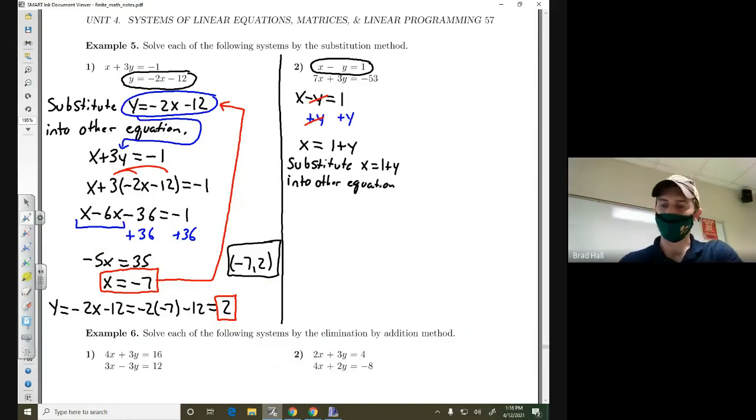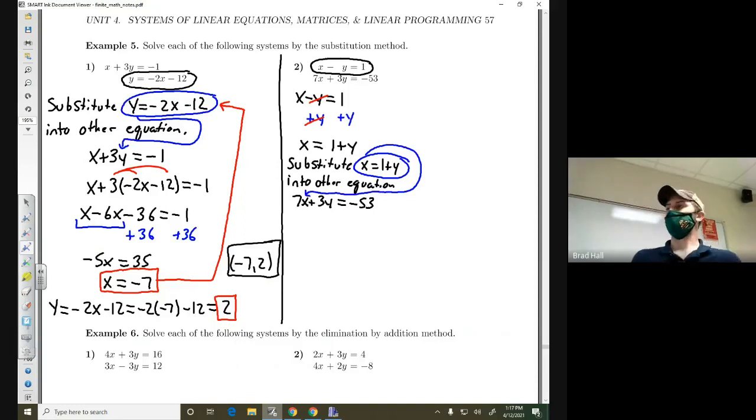The other equation was 7x plus 3y is equal to negative 53. But now we have a substitution or a replacement for x, because that's what we solved for. So instead of x, we can put 1 plus y, plus 3y is equal to negative 53.